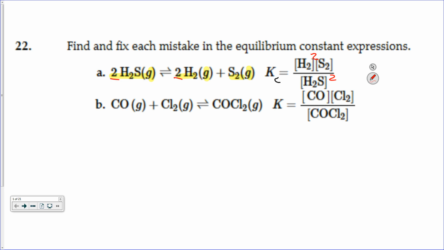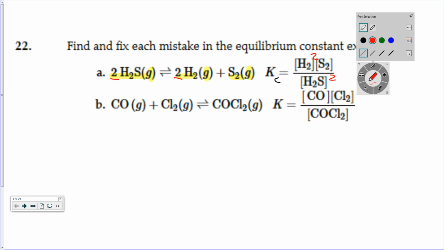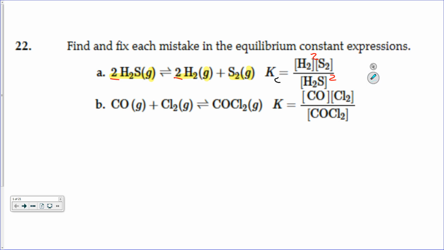Okay, let's look at a similar type of thing with what we would do for B. B says carbon monoxide plus molecular chlorine yields COCl2. All right, so everything's a one stoichiometry. What's wrong with this one? Products and the reactants. So product should be on top, and it's on the bottom on this one.